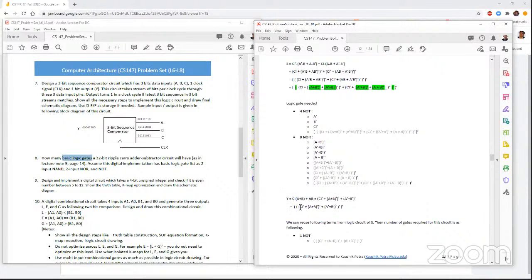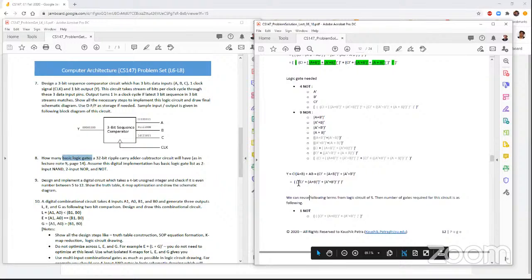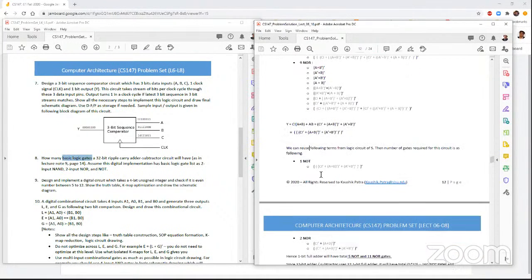So in that same fashion, I try to transform this gate using De Morgan into a more manageable expression with basic logic gates like NOR, inverter, NAND, etc. Then we analyze this expression and find out how many NOTs we need.